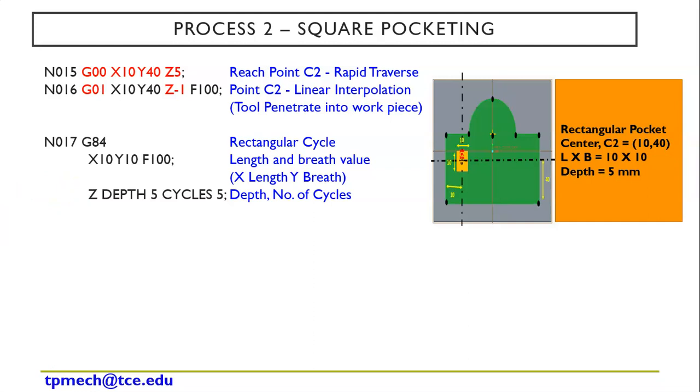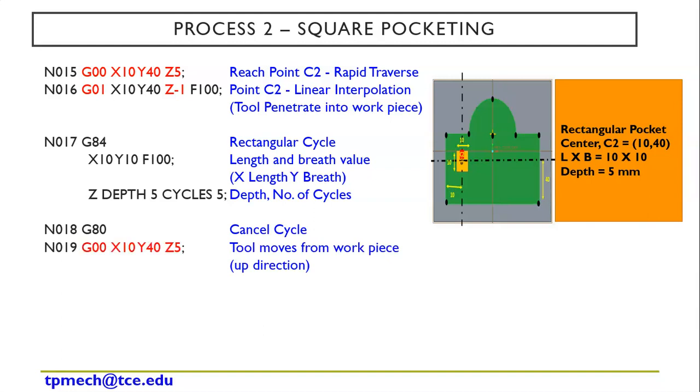Right, so it depends on our requirement. Based on the material we need to give the z depth and cycles. Next, I need to cancel the cycle. The code is G80. The tool moves from the workpiece. Finishing is done, and again I need to move the tool. So G00, X10, Y10, Z5. Right, so this is square pocketing.